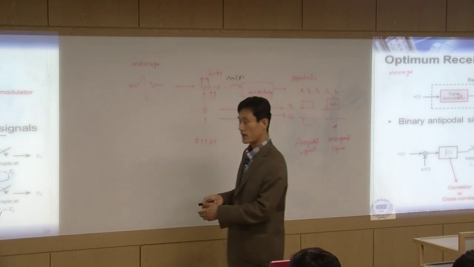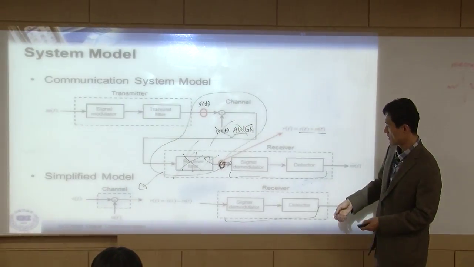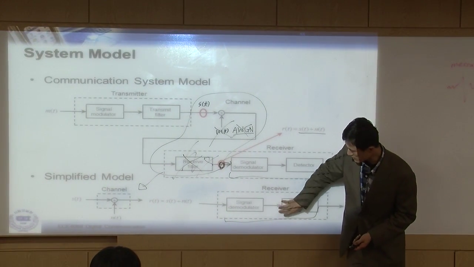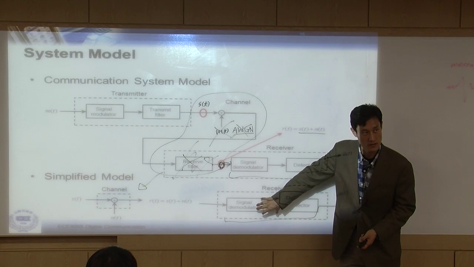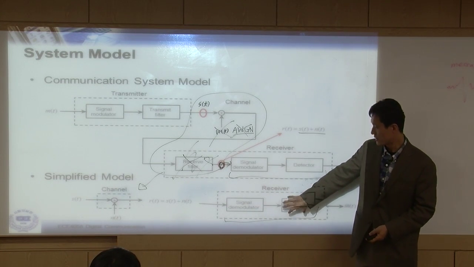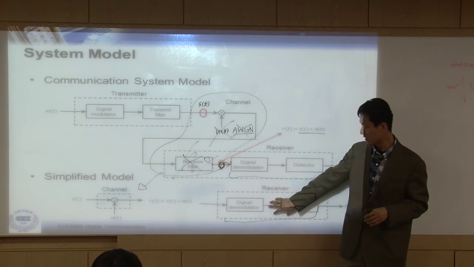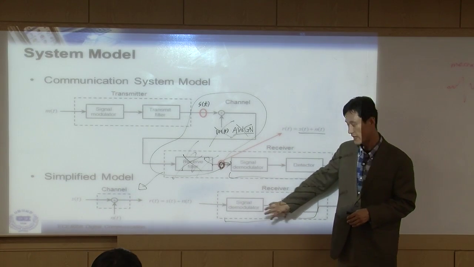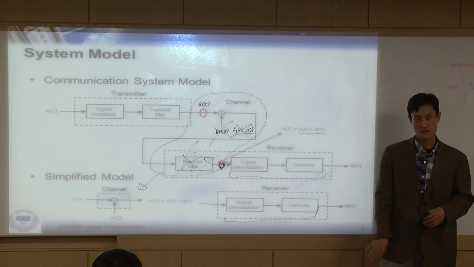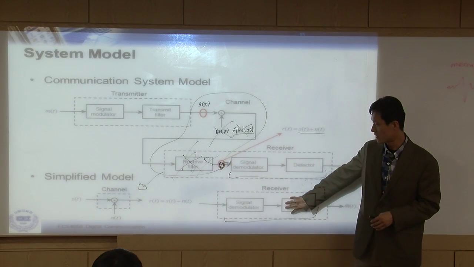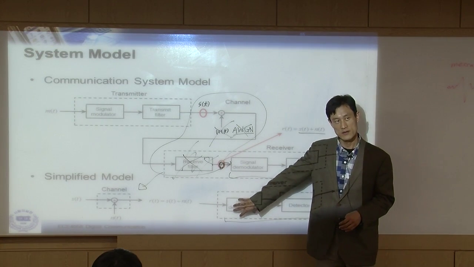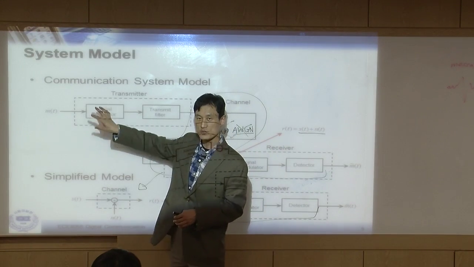Okay, what we are going to look at from now on is the receiver part here. In the receiver, the main thing is demodulator and detector. And what is a demodulator? It is an inverse function of modulator.